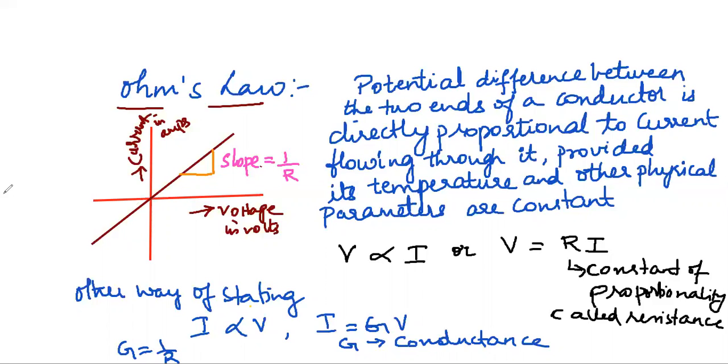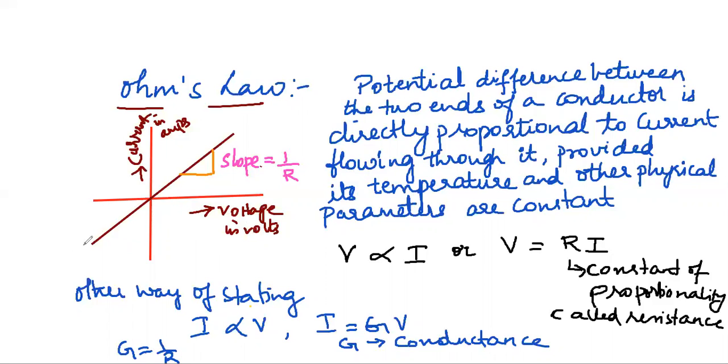Now, graphically, Ohm's law can be represented in this way. Also, we call it VI characteristics. On the x-axis, we have voltage in volts, and on the y-axis, we have current in amperes.